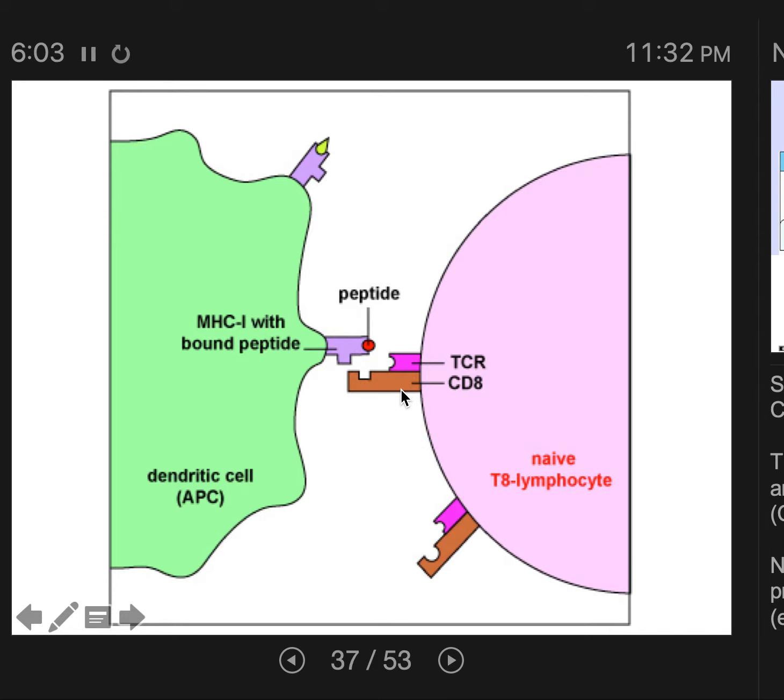Right next to that, just adjacent, is the cluster of differentiation number 8. So this receptor here is for docking with the MHC class 1. So these two work together. The CD8 docks with the MHC class 1s. The T-cell receptor looks for an antigen. So what these cytotoxic lymphocytes do is their CD8s bind with the MHC class 1s on every cell of your body, checking them.